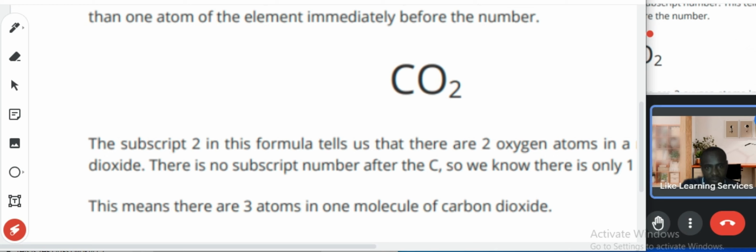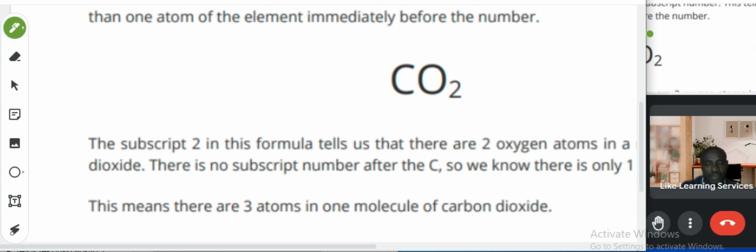Yes, 3, because you have 1 atom of carbon and 2 atoms of oxygen. Altogether 3 atoms. The subscript tells you the number of atoms in each element. How many elements do we have altogether? How many elements do I have in this?